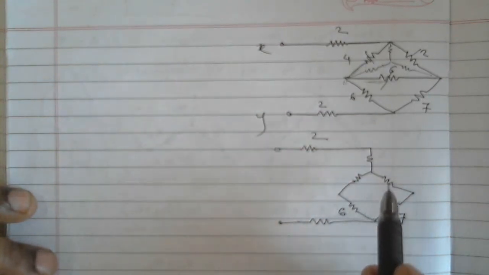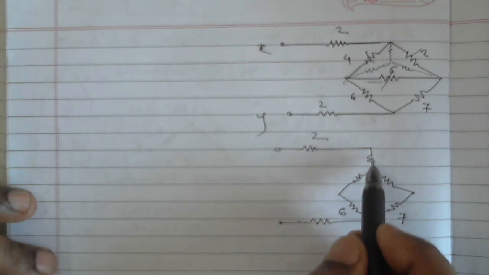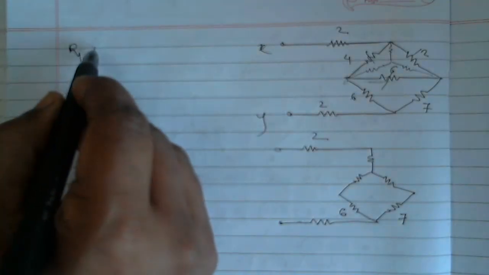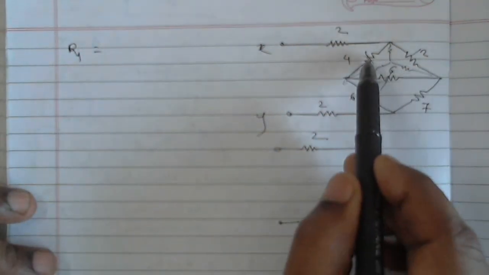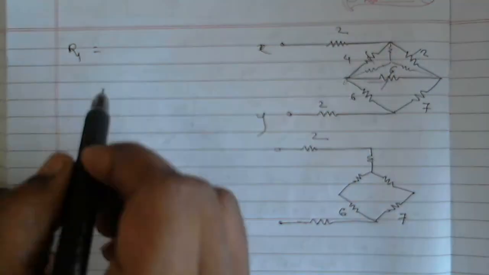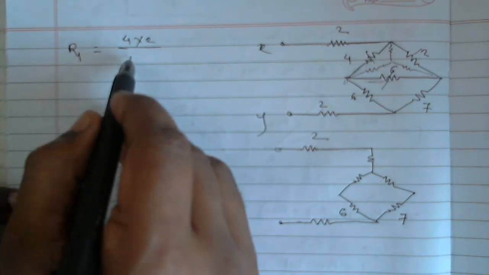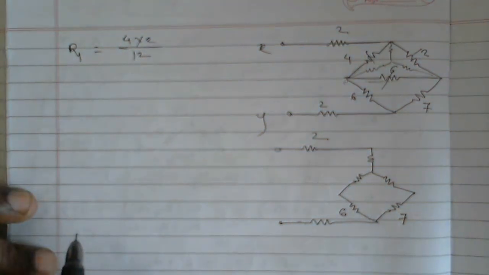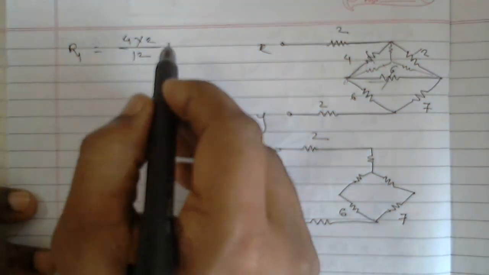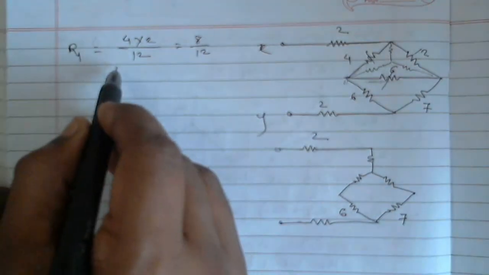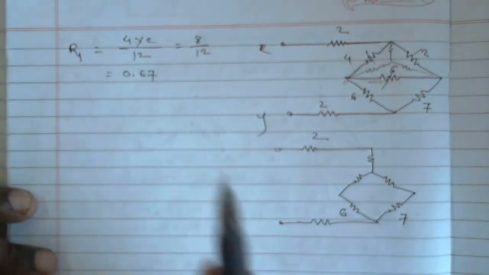These resistances are to be found. If I consider this as R1, then my formula is R1 equal to this multiplied by this divided by the addition of all three resistances. So 4 multiplied by 2 divided by the addition of all three resistances, so it becomes 8 by 12, which means 0.67, by delta to star conversion.